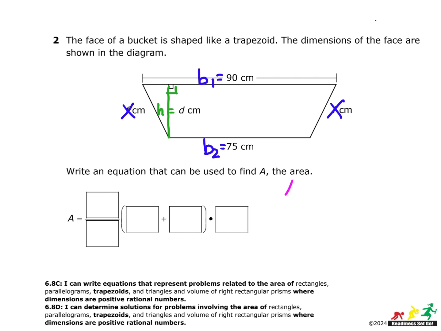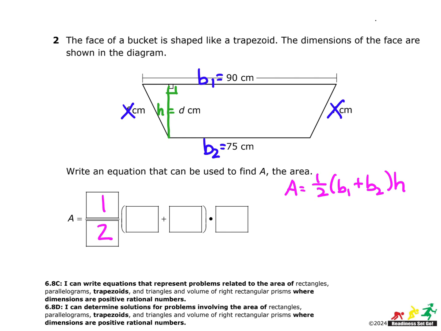Well, I know that the formula is area equals 1/2 times base 1 plus base 2 times my height. Now, I'm going to substitute in what I already know. Here's my A. I don't need to do anything, so I know 1/2 is going to be the fraction.